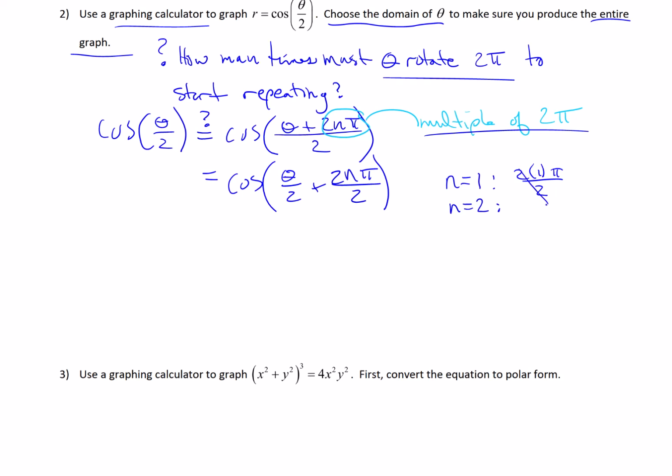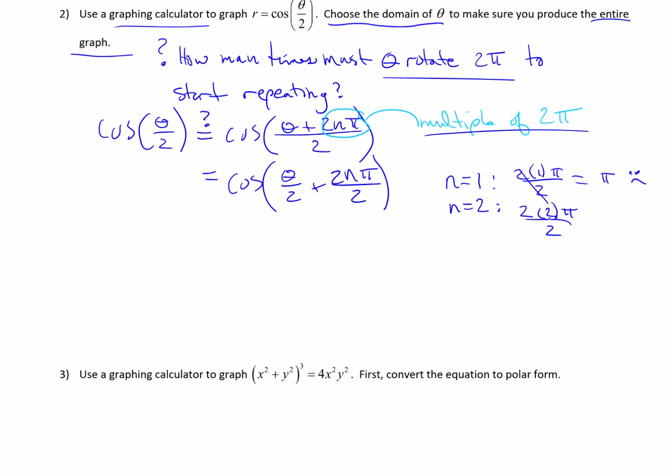The 2's would cancel because you're dividing by 2, and that would leave you just with 1 times pi, which is not a multiple of 2 pi. So that doesn't do it. What about if n was 2? Then we would have 2 times 2 pi all over 2 for the second term we're looking at.